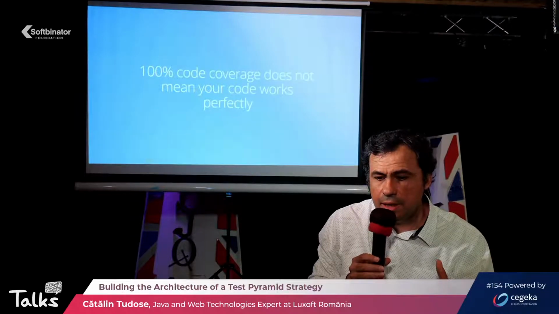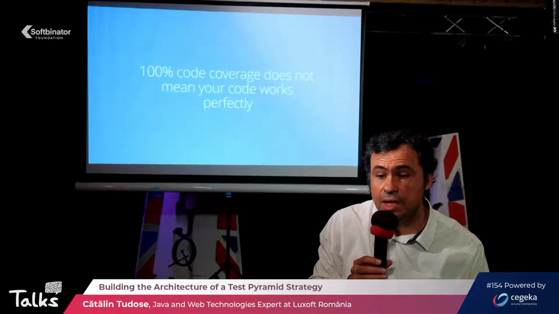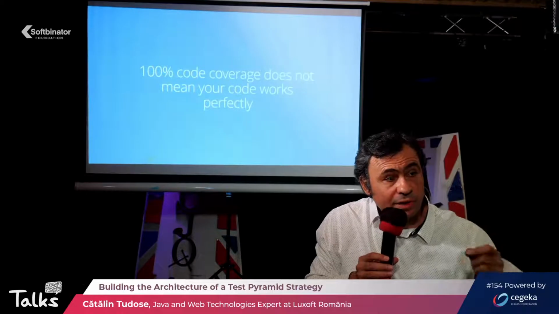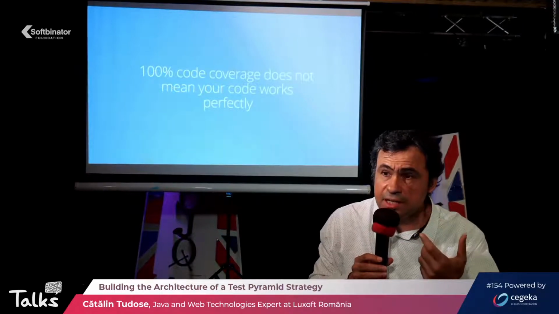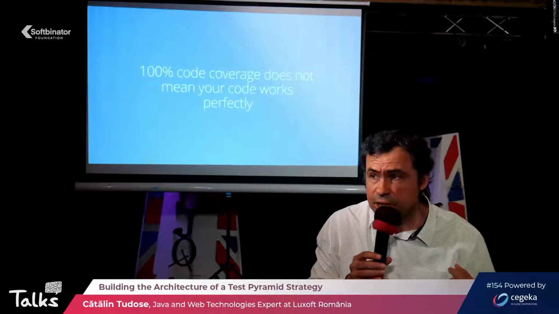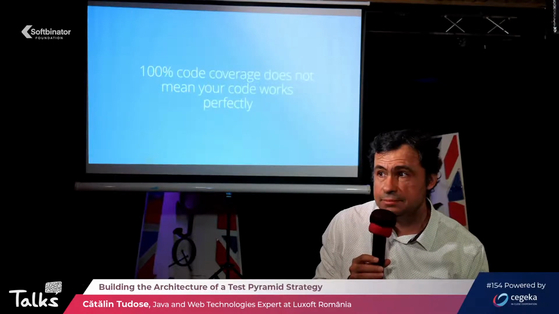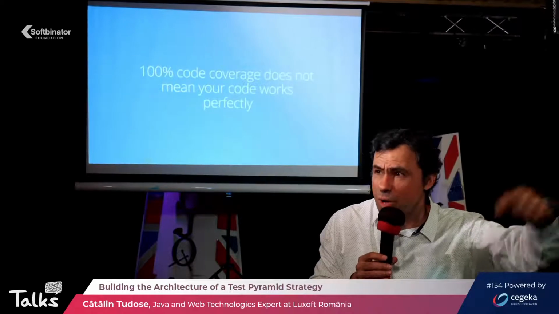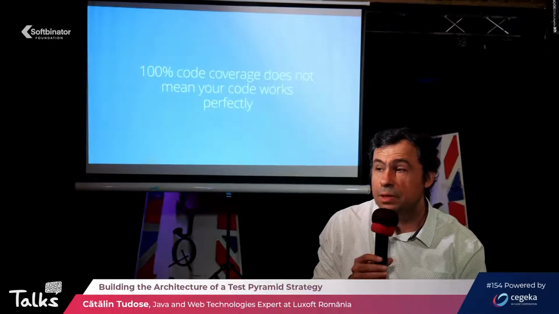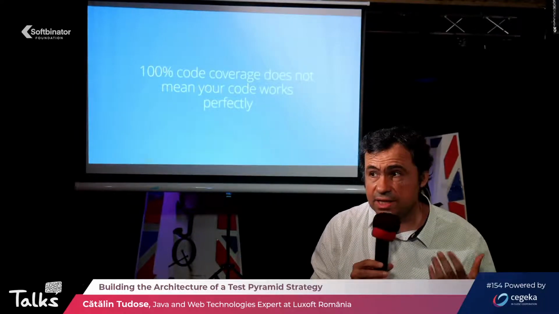A mutation testing framework like PIT, for example, will go and modify your bytecode. If we have an if, it will change the bytecode so that you have the opposite condition. And it will say, if your tests are really good, then your tests against the modified code will fail. So that will be a real measure of the quality of our tests.